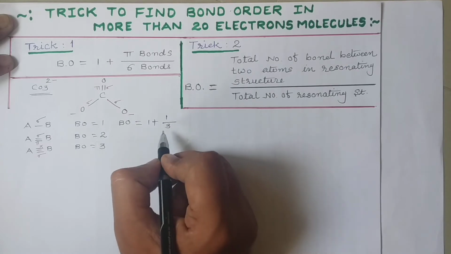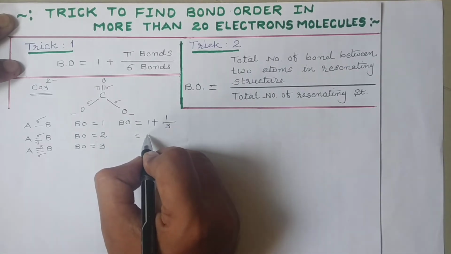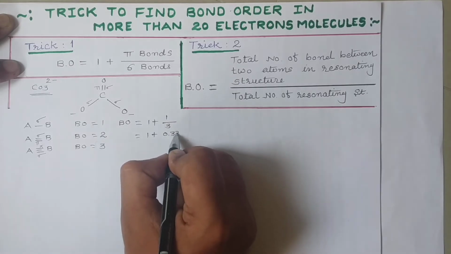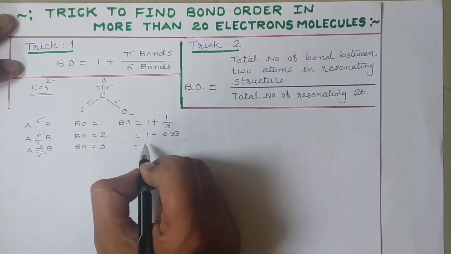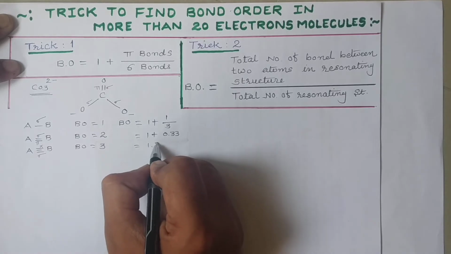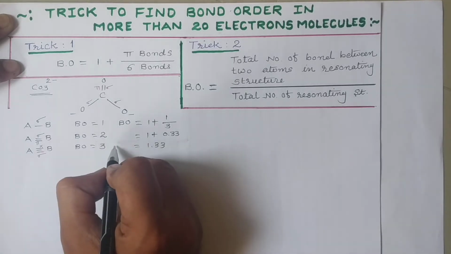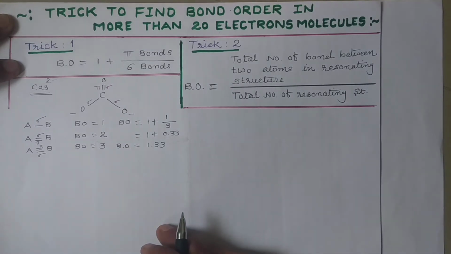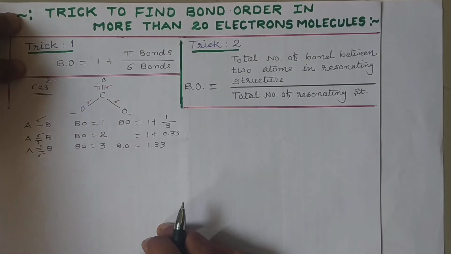So 1 plus 1 upon 3, simple calculation, 1 by 3 is 0.33. So 1 plus 0.33 is 1.33. So the bond order of CO3 2 minus is 1.33. So this is the first trick.